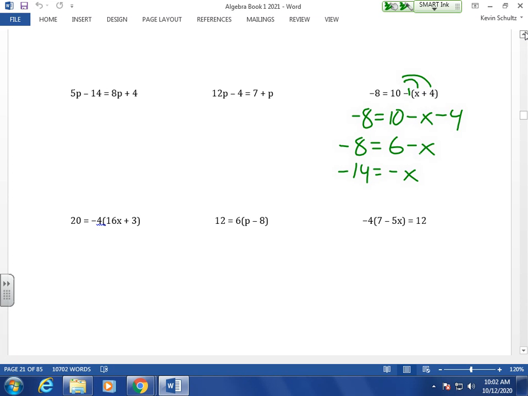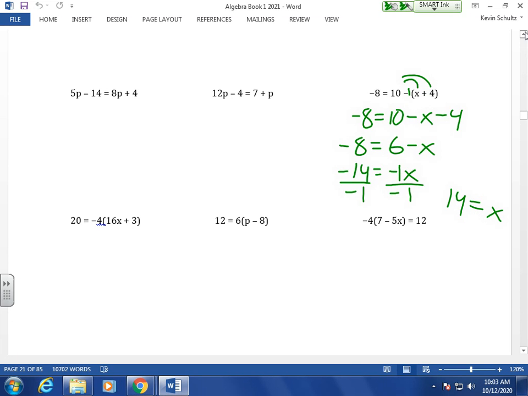Not by 1, because divided by 1 isn't going to change anything, right? Negative x divided by 1 is still negative x. So we want to divide by Violet? By negative 1. Is that darn negative 1 again? Okay? That's our coefficient. Whatever x is, we're multiplying it by negative 1. So to undo that, we're going to divide by negative 1, and we get positive 14 equals x.